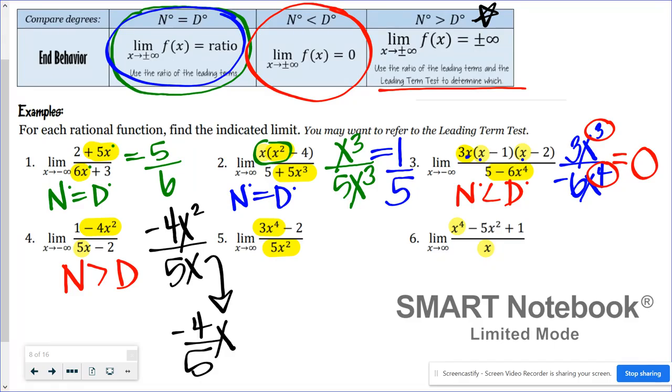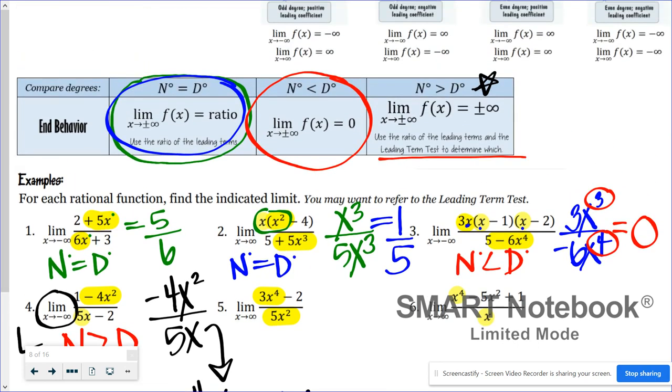So what I have here is an odd degree negative leading term, and I have to focus on my end behavior. This is the left end. So I am curious about the left end of an odd negative. According to my leading term test, positive infinity is my end behavior.